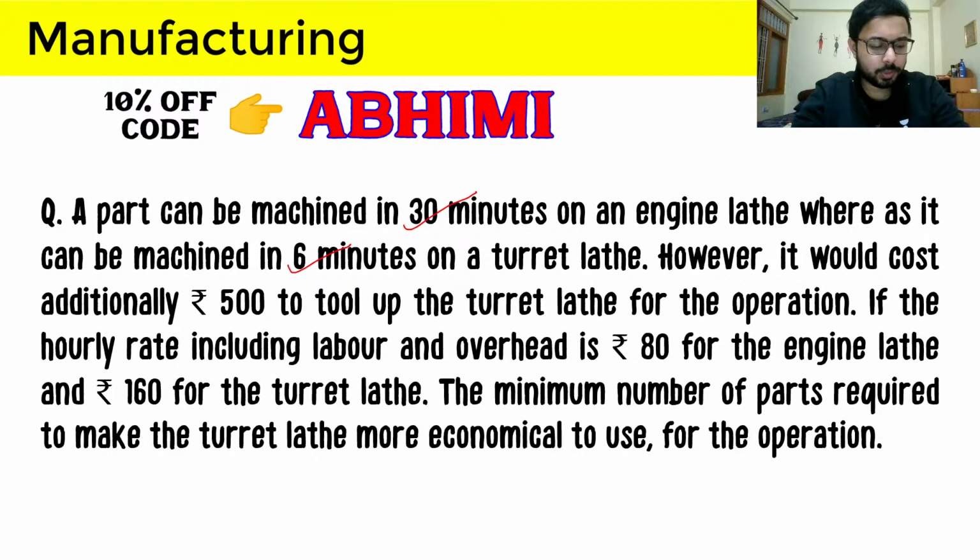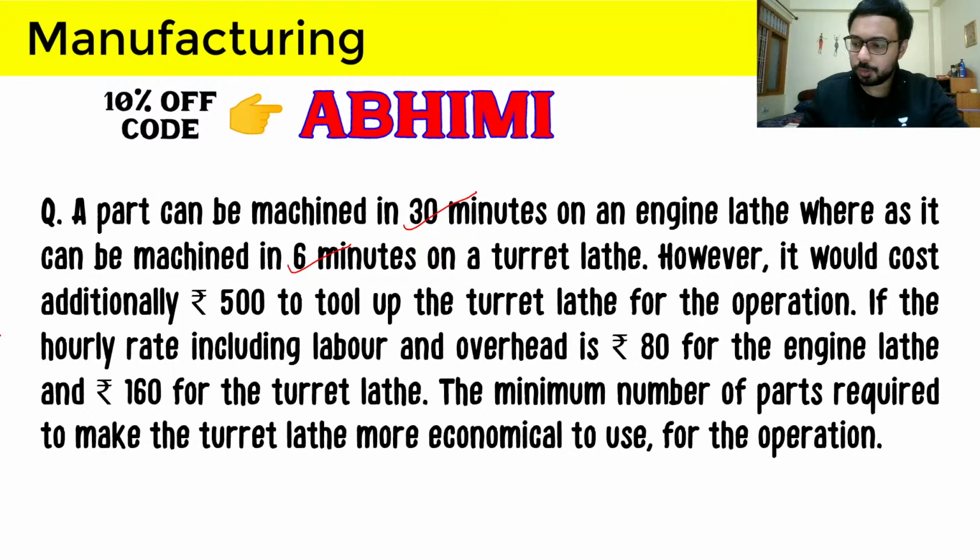From the question itself, the turret lathe is economical only when you are using it for a minimum number of parts, which is obviously not just 2 or 3 parts, because for that the turret lathe will be more expensive, since it takes an additional 500 rupees, so we have to justify that by producing a large number of parts. So it is asking how many parts minimum are required to make the turret lathe more economical.